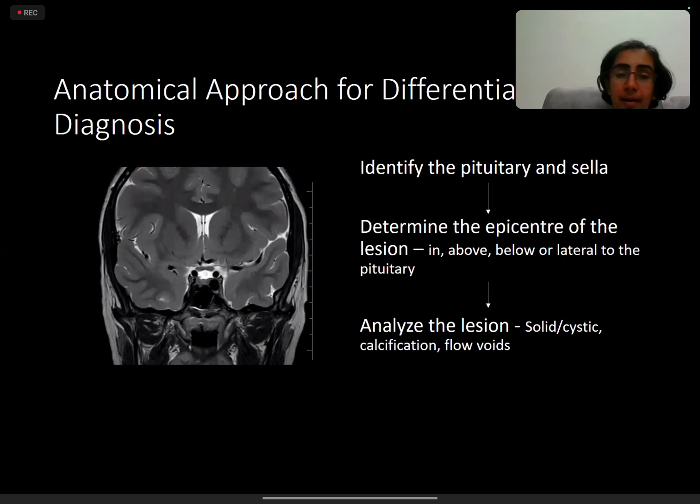For example, Avni, can you describe what pathology you are seeing in this coronal T2 image, and point it out with the annotation for the benefit of the other listeners?